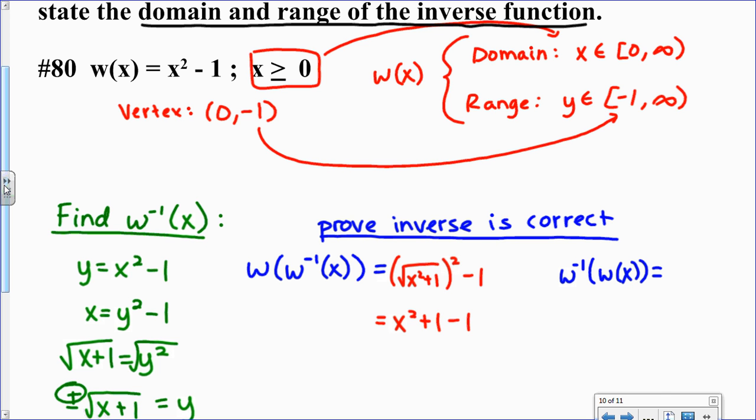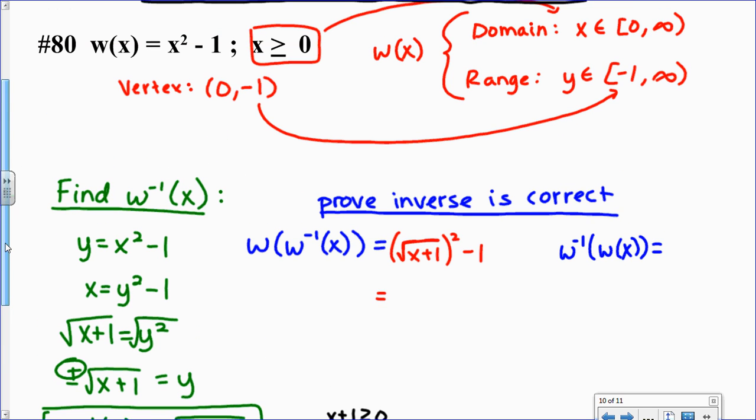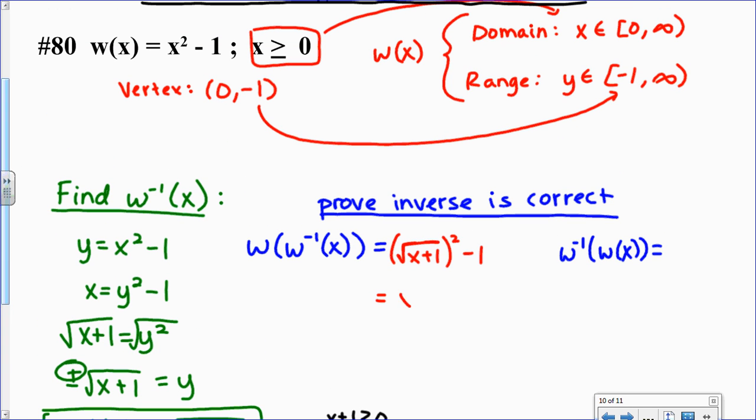If it does not simplify to give you x, then you know you did something wrong. And I wrote something wrong here because I think that's just x plus 1, not x squared plus 1. I wrote that wrong. So x plus 1 minus 1 equals x.